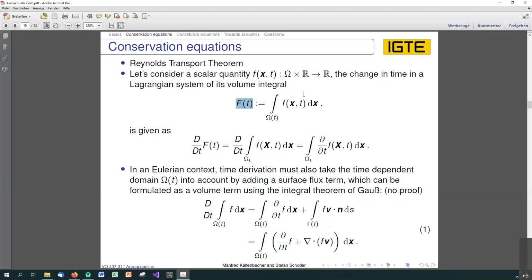And then we can derive this, and we see that the total change of the mass itself is related to a change of the mass density and some sourcing strength of the mass density, which is also convected.